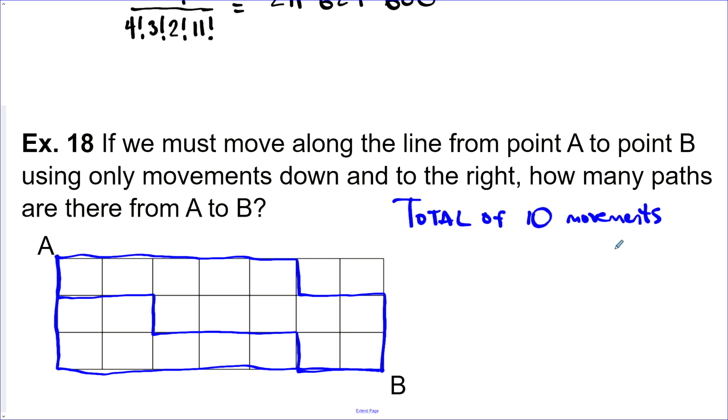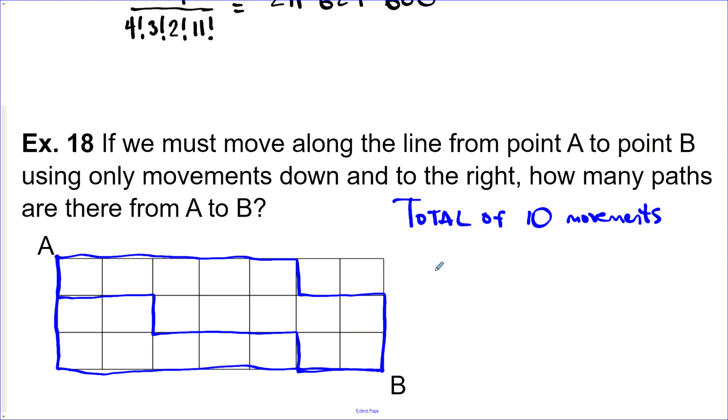Now, what about the down and to the right? If you notice, no matter which path I took, I need to move 7 units to the right, and I need to move 3 units down. And I can really put those in any order I want. So really, I've got 7 R's and 3 D's, for example, and a total of 10 movements.